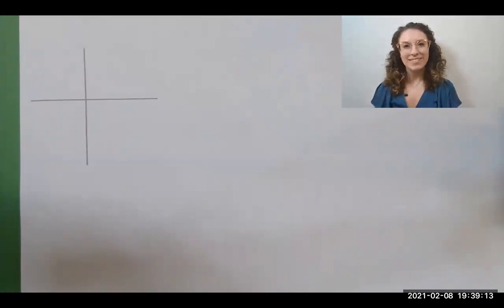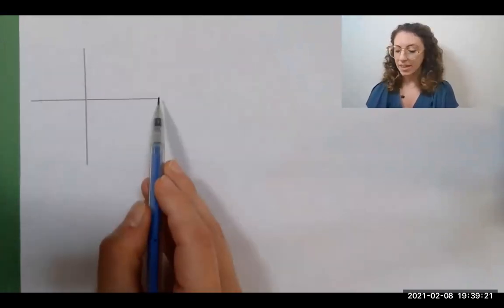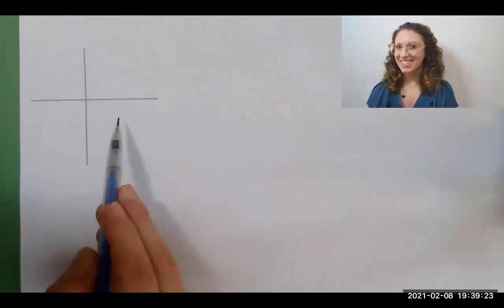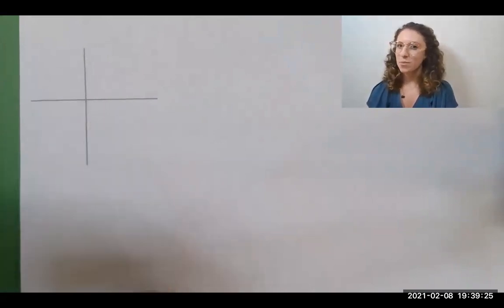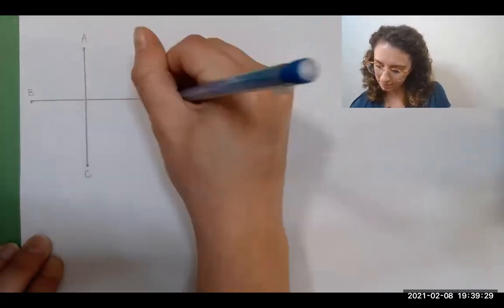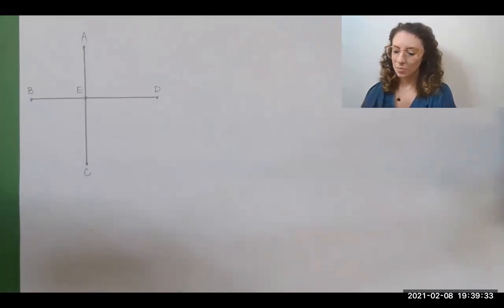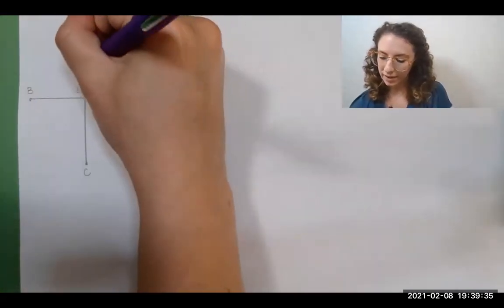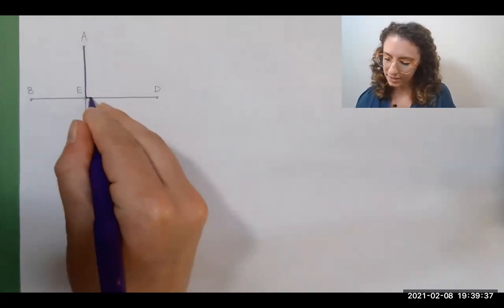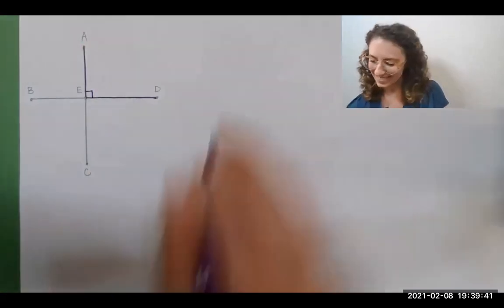Tell me what you notice about my drawing. Yeah, you may have noticed that I drew 2 line segments, and that they make 4 right angles. I'm going to label some of the points. Line segments AE and ED make a right angle.